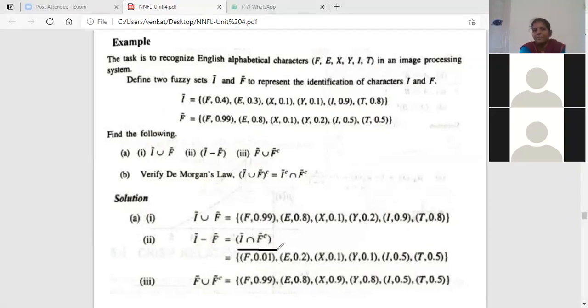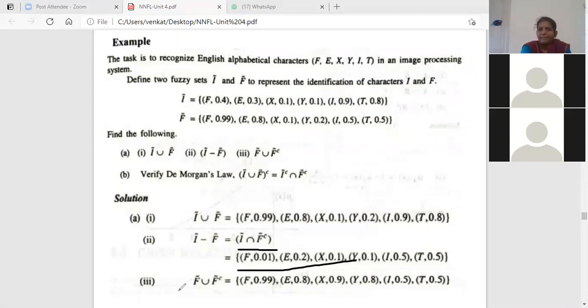F complement you can calculate 1 minus 0.99, 1 minus 0.8, 1 minus 0.1, 1 minus 0.2, 1 minus 0.5, 1 minus 0.5. So intersection, for evaluating intersection of two fuzzy sets, you need to consider minimum of the two membership function values. Okay, so by using this you can get the solution.